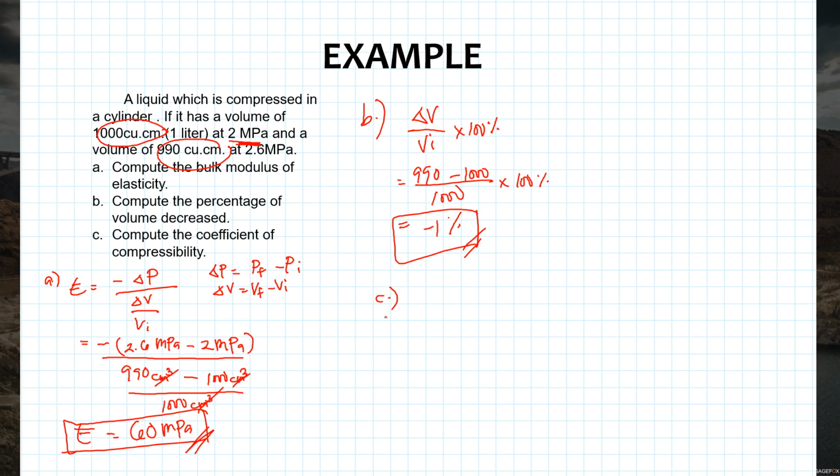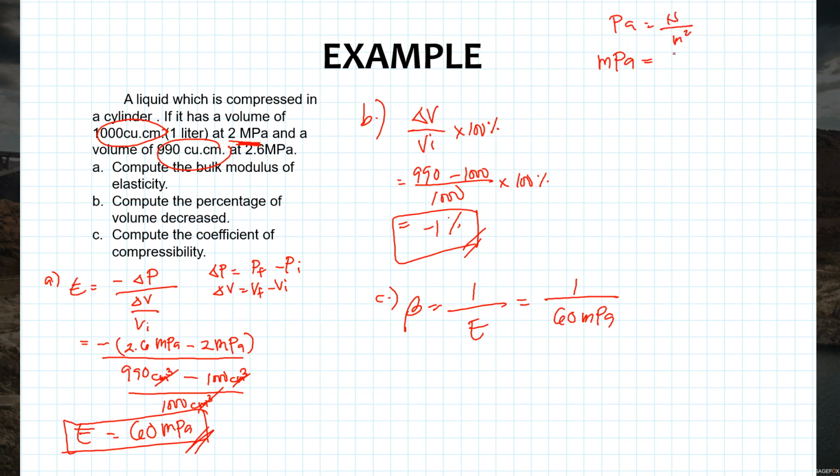Compute the coefficient of compressibility. Okay, beta. That will be 1 over E. So, 1 over E, if the unit is megapascal, this is 60 megapascal, the equivalent unit of megapascal is what? Recalling Pascal is newtons per square meter.